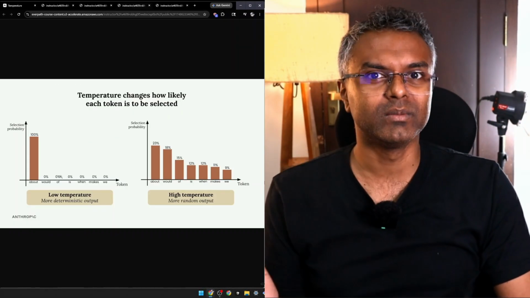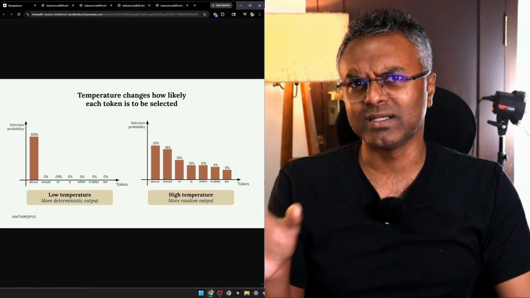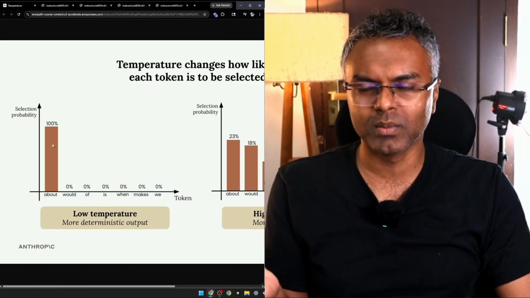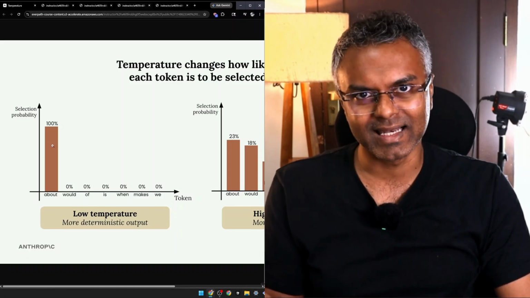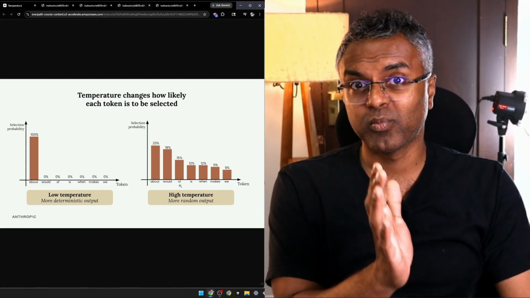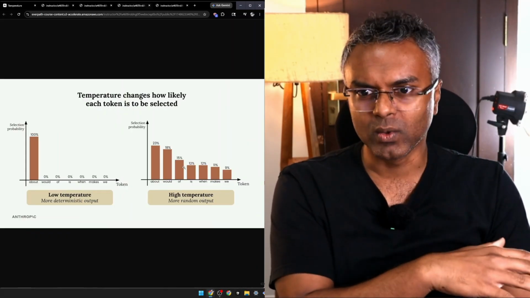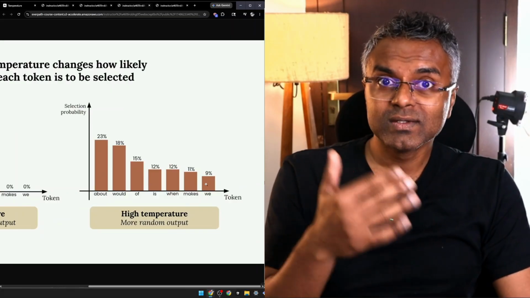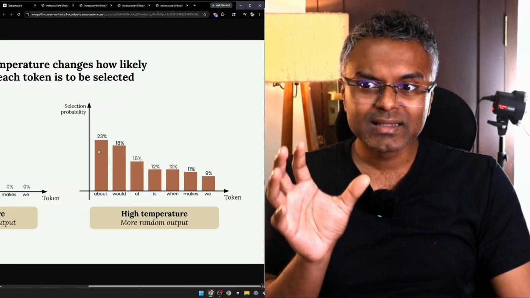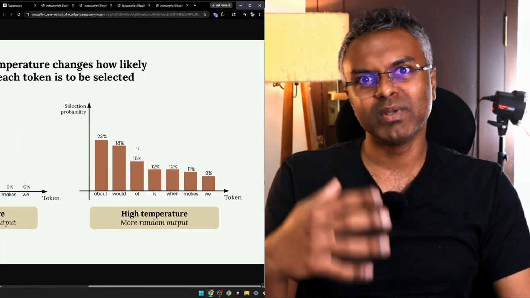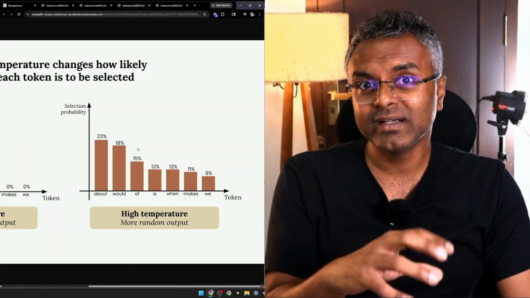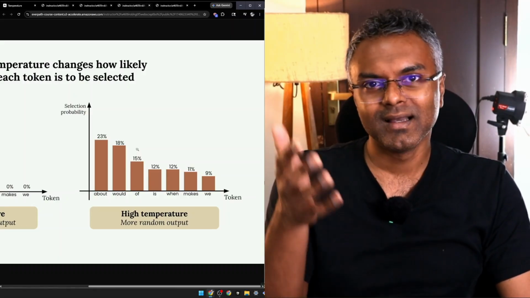When you set a low temperature in the range of 0.0 to 0.3, for example, the word that has the highest probability would usually be selected. But when you set a higher temperature in the range of 0.7 to 1.0, other words also have a chance of getting selected. So that's how LLMs become more creative, essentially by selecting different probable words in the sequence that they generate.